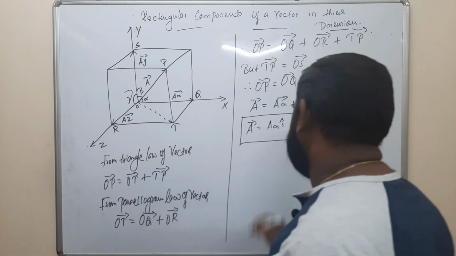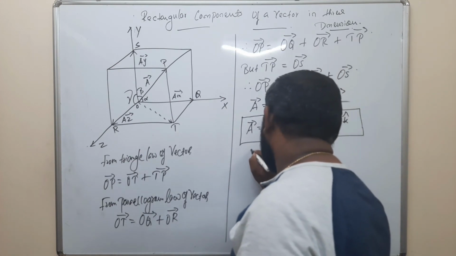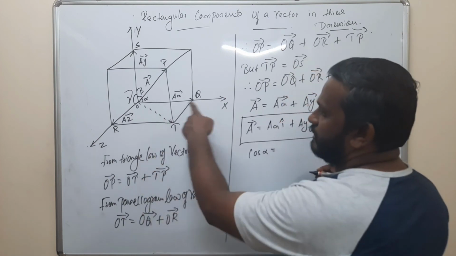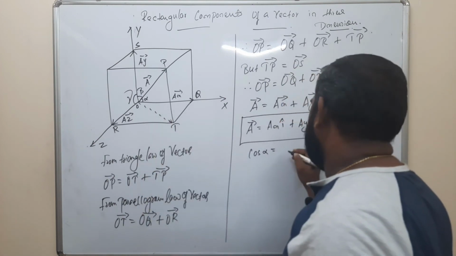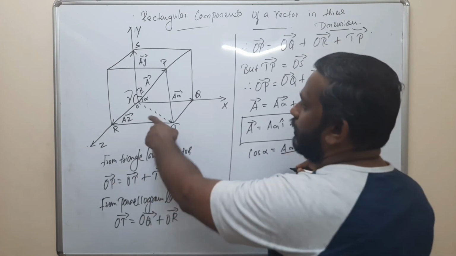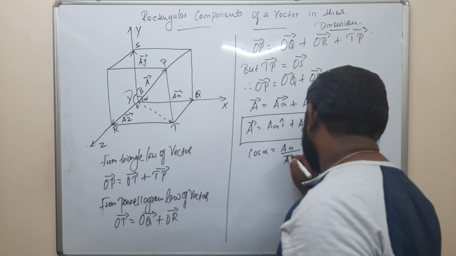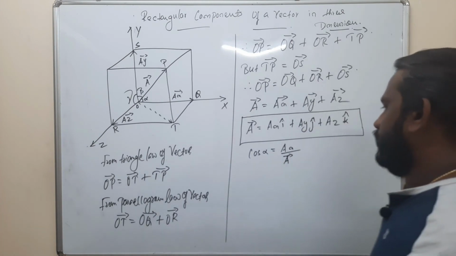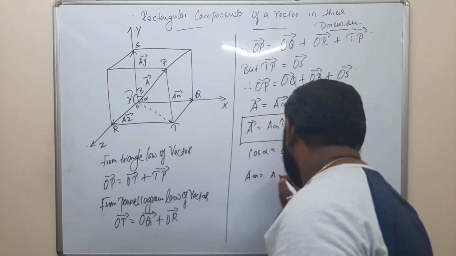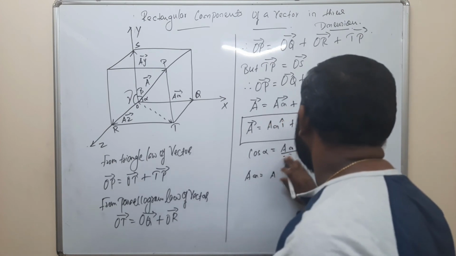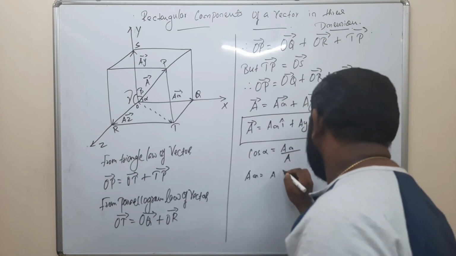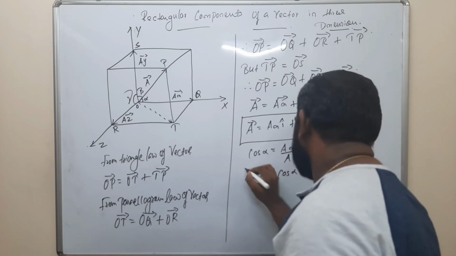So we can write cos alpha is equal to adjacent side, that is AX, divided by hypotenuse, that is the magnitude of A vector. So from this, AX equal to A cos alpha.